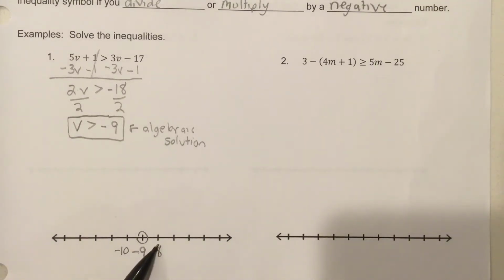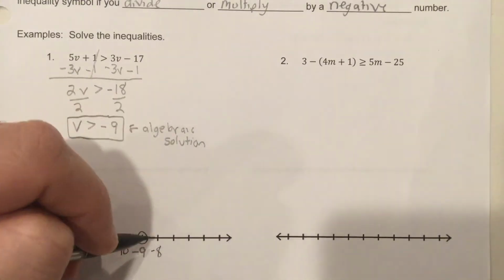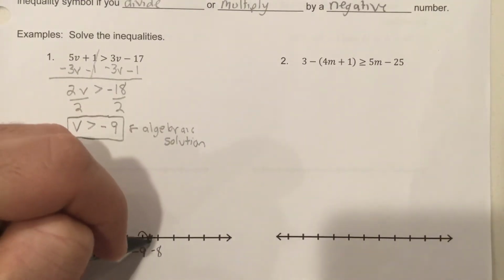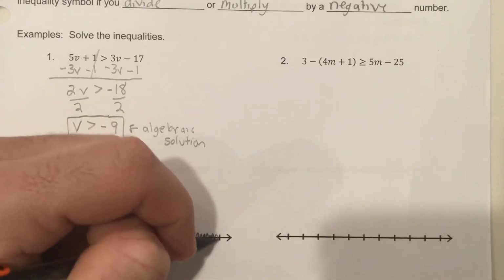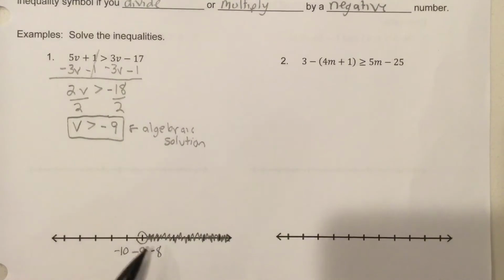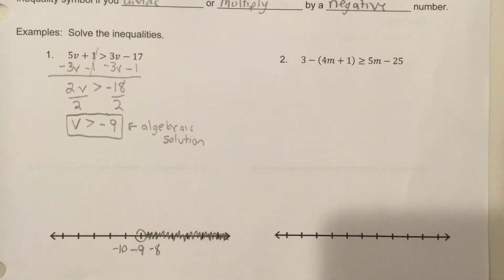Is -8 greater than -9, or is -10 greater than -9? Well, -8 is. So all the numbers shaded to the right are going to be greater than -9. So all of these are going to be solutions. That's why we shade, because the shaded region represents the solutions. So anything in this shaded region, which would go on forever to the right, is a solution.